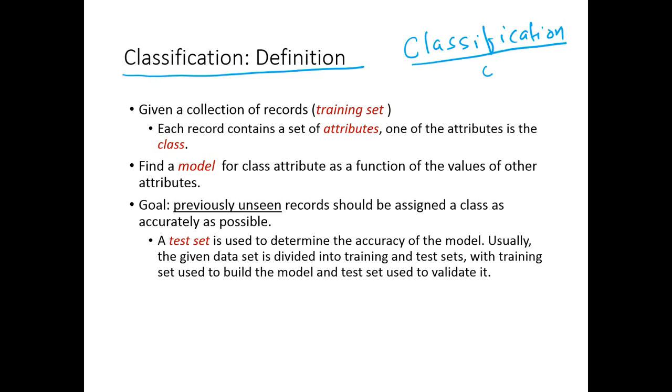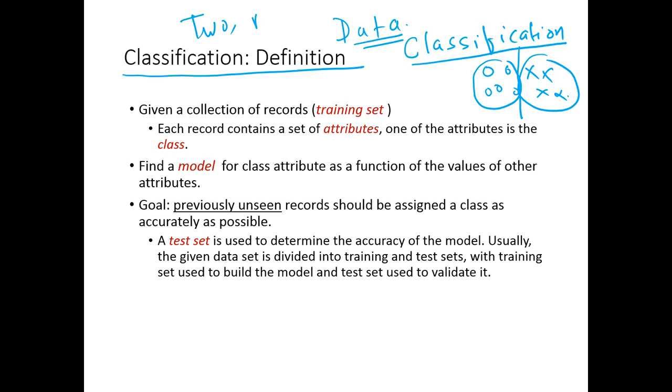That means if there are two categories of things, then it is able to classify into them. This is one category, this is another category. So decision tree is used to classify the data into two or more categories.